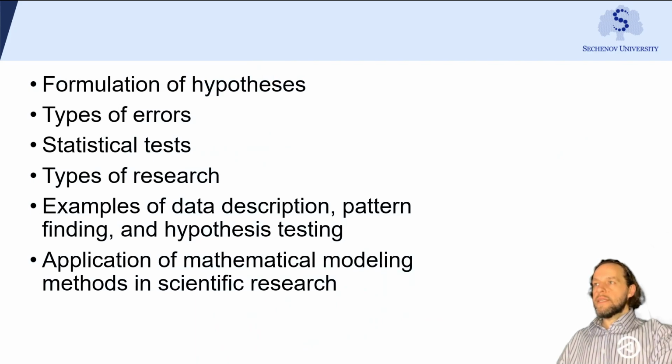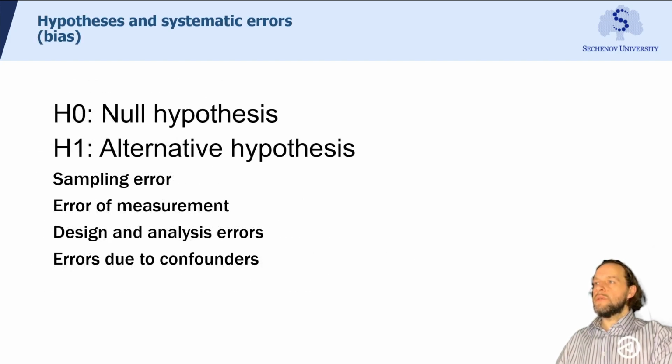Statistics in healthcare is a very important area, and there are a lot of specialized questions related to this, and I will just name them. It's formulation of hypotheses, types of errors, statistical tests, types of research, examination of data, application of mathematical methods, and so on.